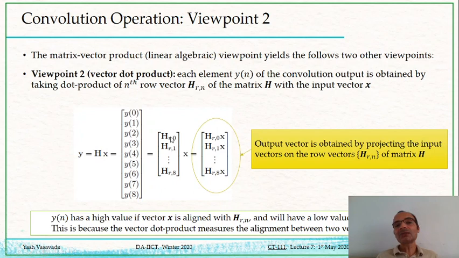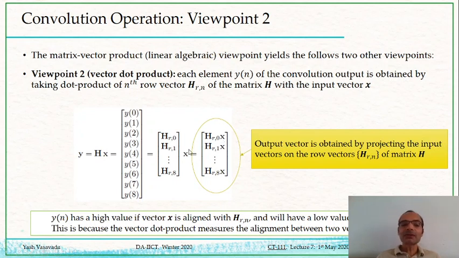Why am I calling that we are projecting? It is because when you take dot product of any vector with some other vector, you are actually doing the projection operation. And from your high school math class, you would remember that this dot product is nothing but the cosine of the angle between the two vectors times obviously the magnitude of the two vectors.